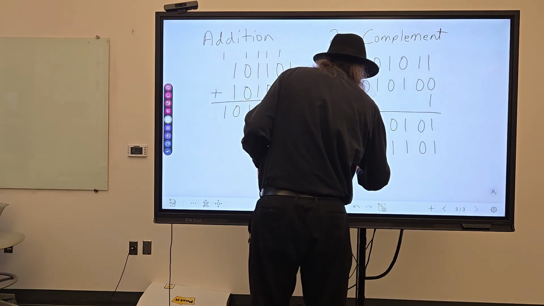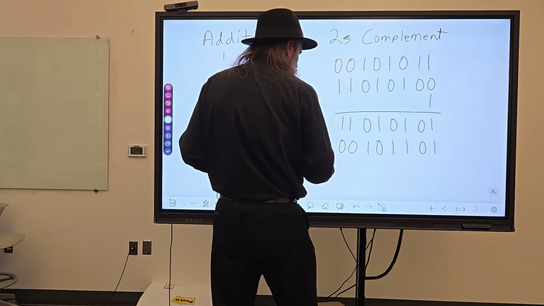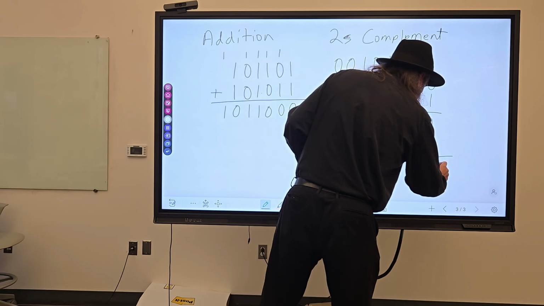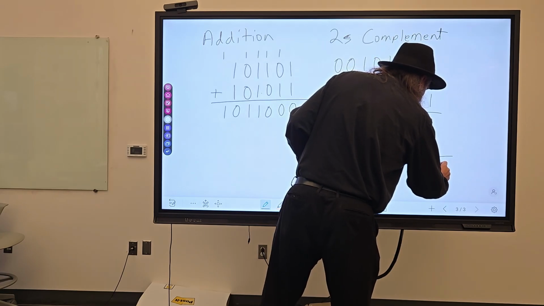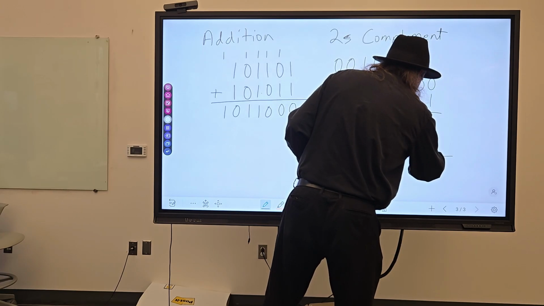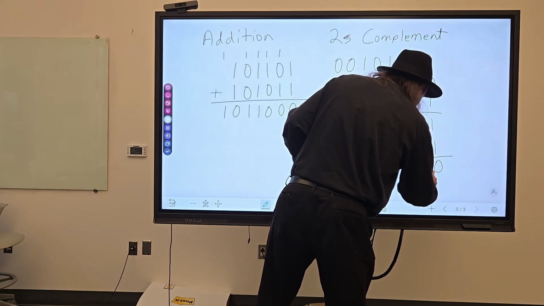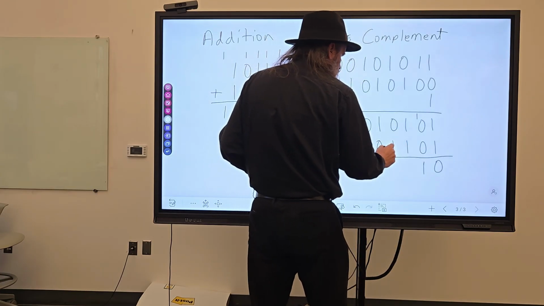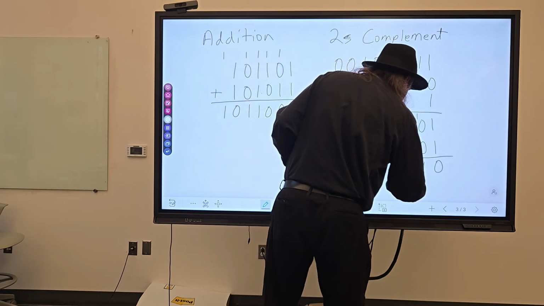And then you add the leading zeros. 1 and 1 is 2, so that's 0. Carry the 1. 1 and 1 is 2. 0.